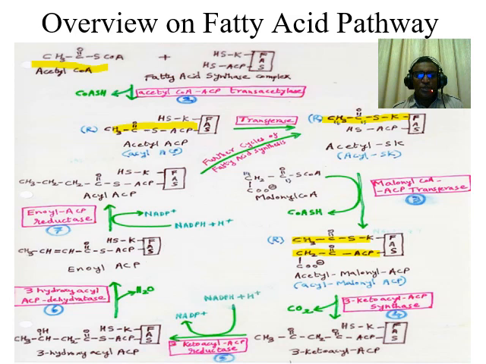These two groups, the acetyl as well as the malonyl, will react and form the 3-ketoacyl group as shown here. But before it can react, the malonyl will lose a carbon by forming carbon dioxide. This 3-ketoacyl ACP does not have the shape of the fatty acid yet because of the ketone group.